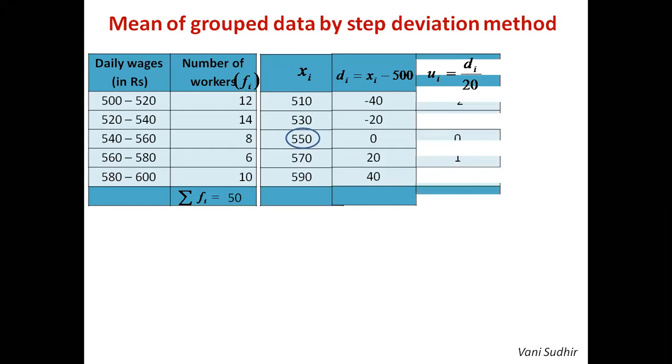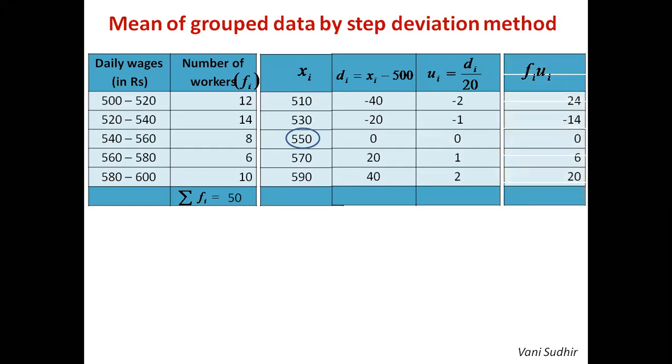Find ui's, which is equal to di upon 20, that is minus 40 upon 20, which is minus 2, minus 20 upon 20, which is minus 1, 0 upon 20, which is 0, and so on. Next, we need to find the product of ui with the corresponding fi's and take the sum of fi ui's, that is summation of fi ui, which will be minus 12.